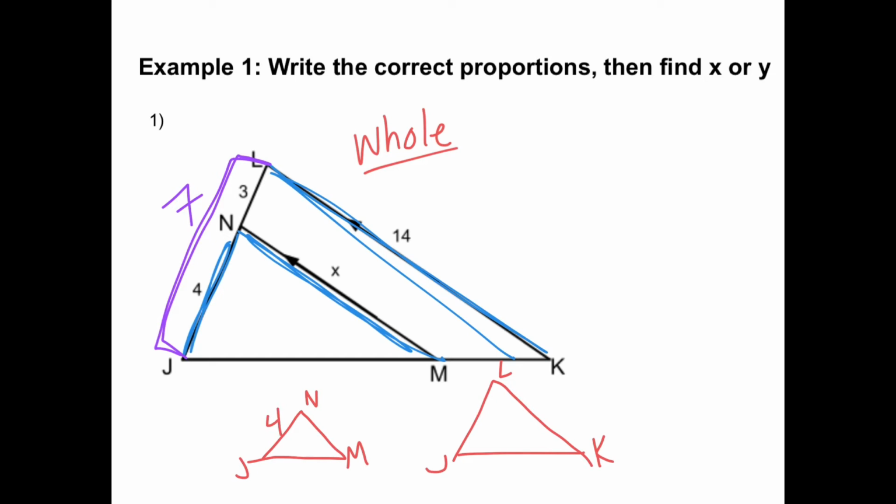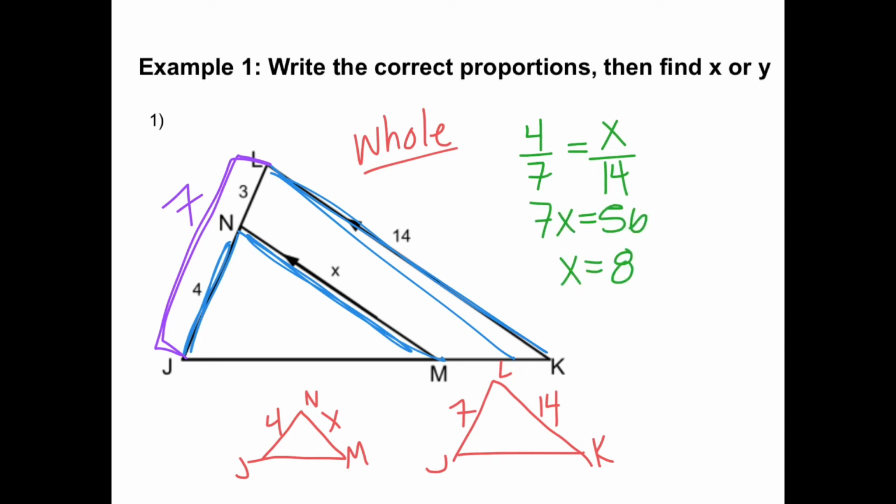JN is 4, JL is 7, we just added those together, NM is X, LK is 14. What we end up using is these two triangles to set up a proportion equation where 4 over 7 is equal to X over 14, and we cross multiply and solve.